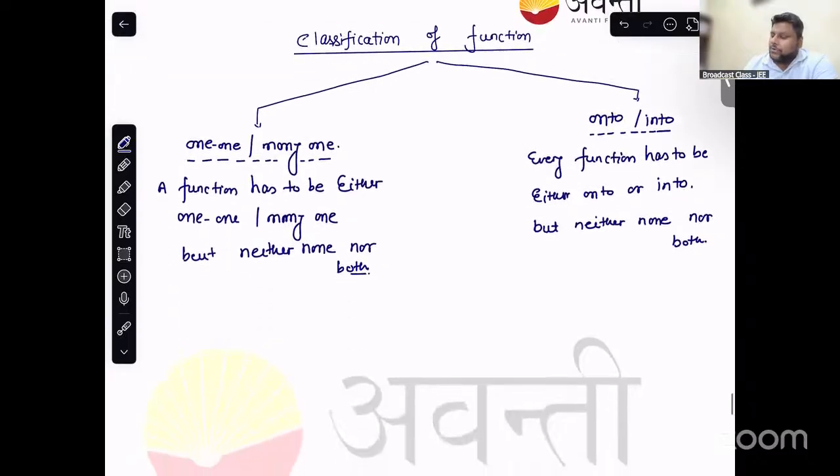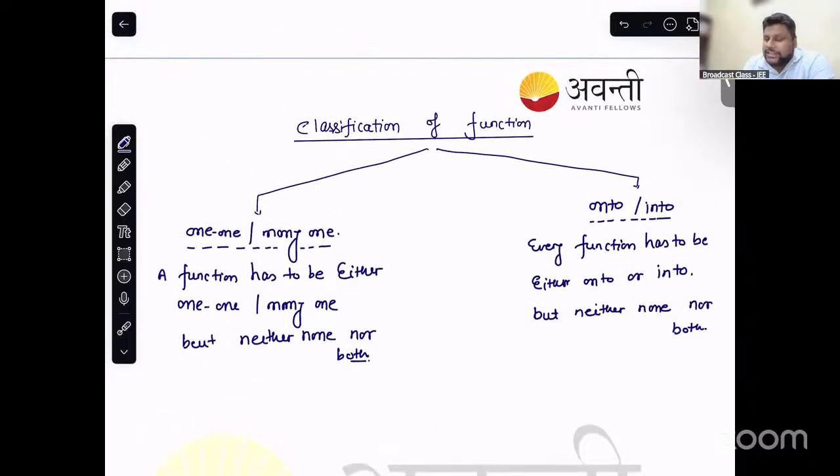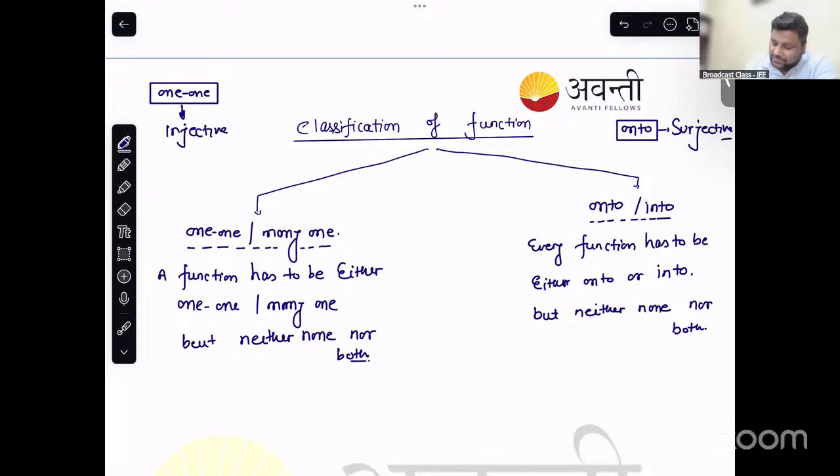Now, in theory for onto, there are a few words which I want to clarify also. Onto is also called surjective. And one-one is also called injective. Surjective and injective.